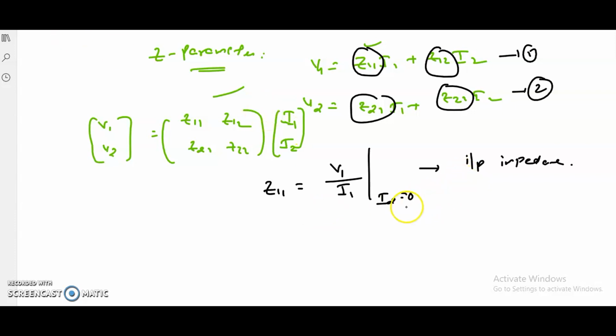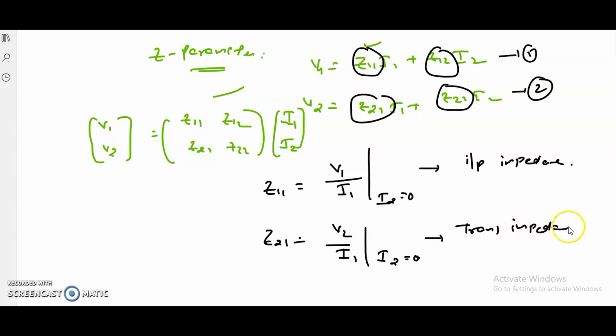That's why it is called the input impedance. And the same thing, I2 is equal to 0. If I substitute I2 is equal to 0 in the second equation, then I will get Z21 is equal to V2 by I1. Same thing, I2 is equal to 0. So V2 is the output voltage and I1 is the input current. So it's nothing but the transfer impedance.